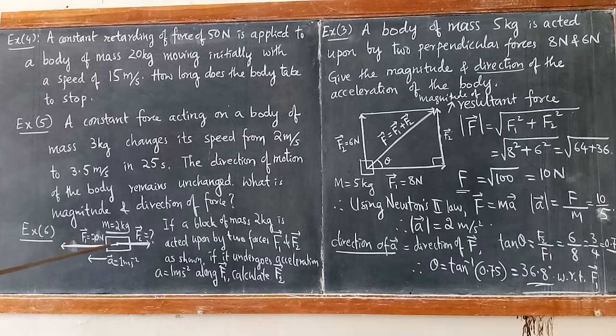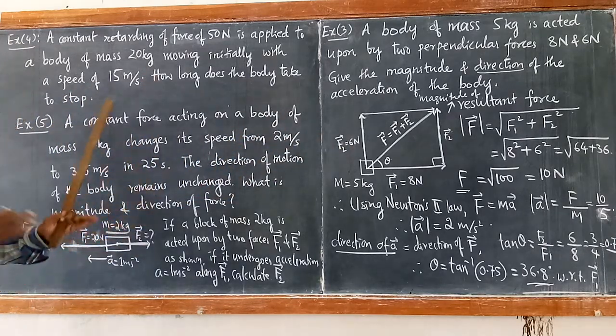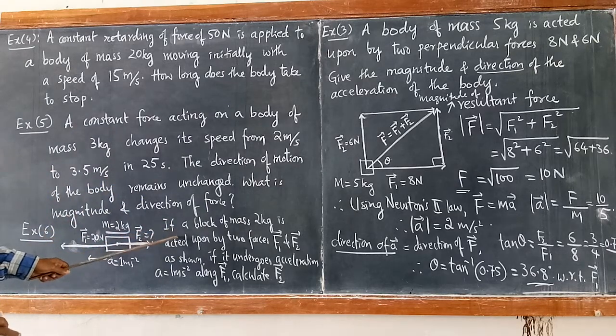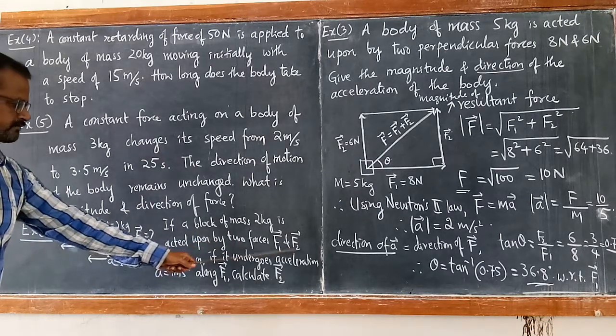And the last one, look at this last one. It is again a similar problem wherein there are two forces. F1 and F2 are the two forces acting in opposite directions, not perpendicular to each other. They are acting in the same line but in opposite directions. A block of mass 2 kg is acted upon by two forces in opposite directions as shown in the diagram, with forces F1 and F2.